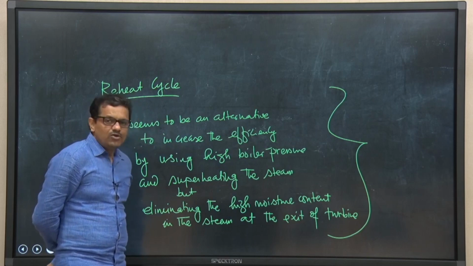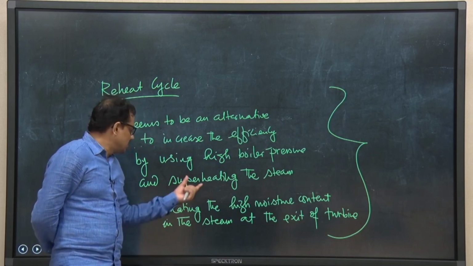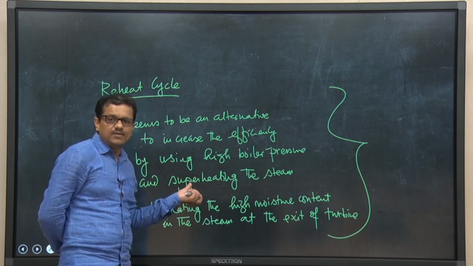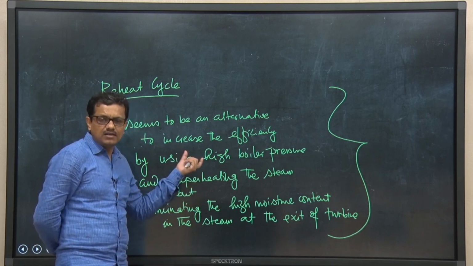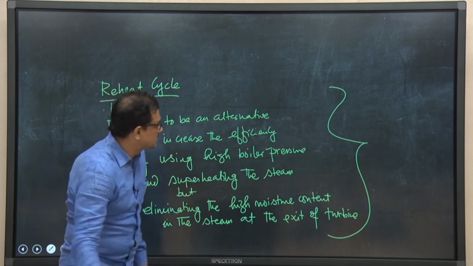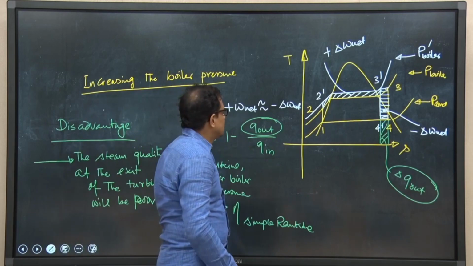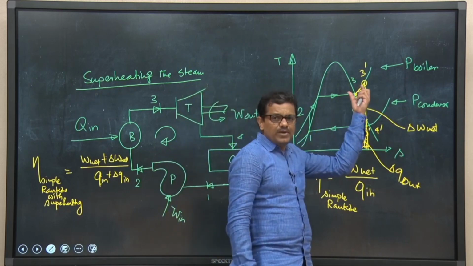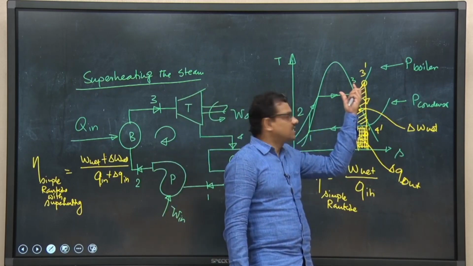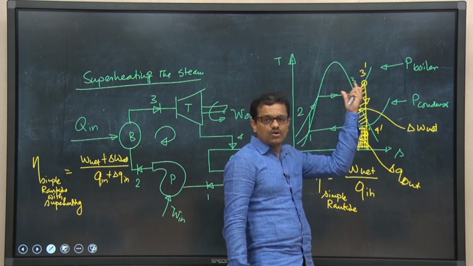You may ask me a question: if we again go for superheating the steam, the idea is we will be using high boiler pressure. If we use high boiler pressure, then we will be superheating the steam, but the degree of superheat should be controlled.